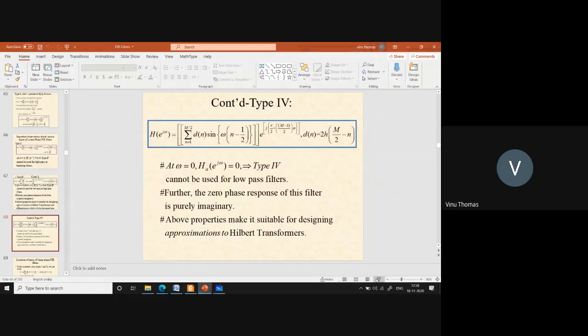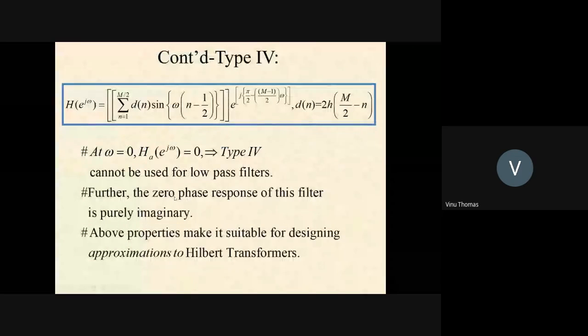And now the type 4 filter has a zero phase response of this filter, which is purely imaginary. Type 4 filter can be used to design Hilbert transformers. You cannot design perfect Hilbert transformers in the discrete domain. You can only design approximations to Hilbert transformers in the discrete domain.